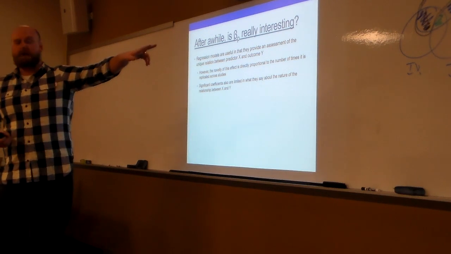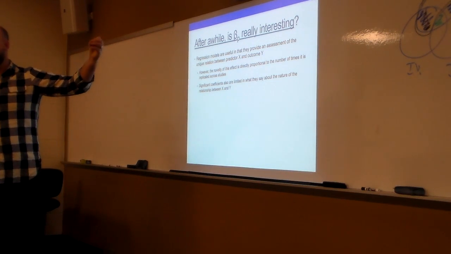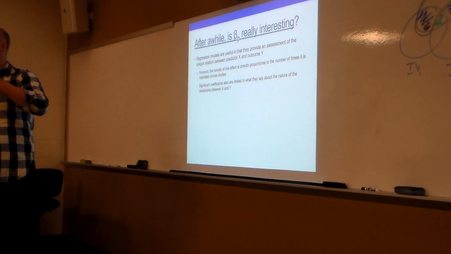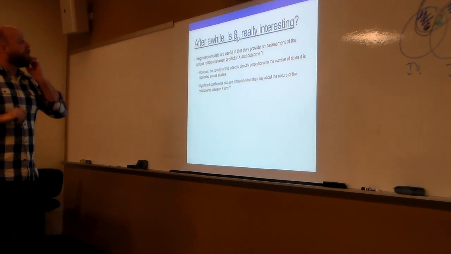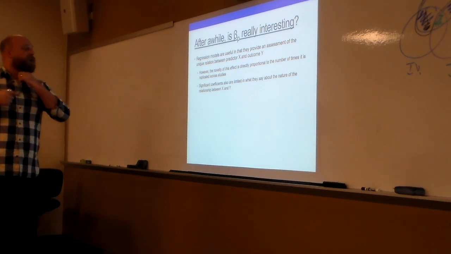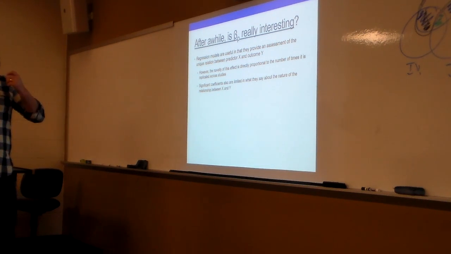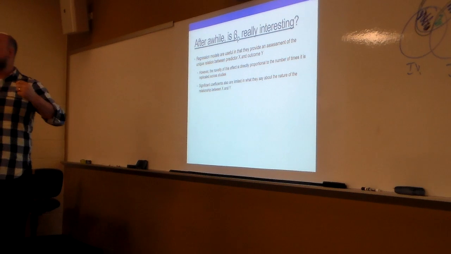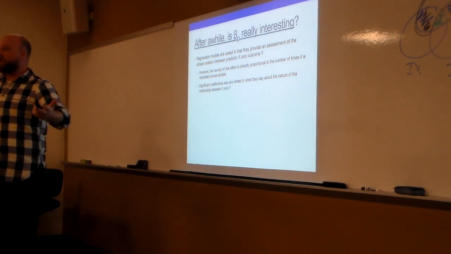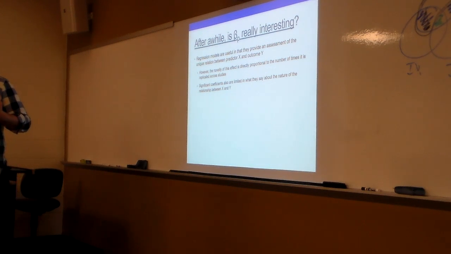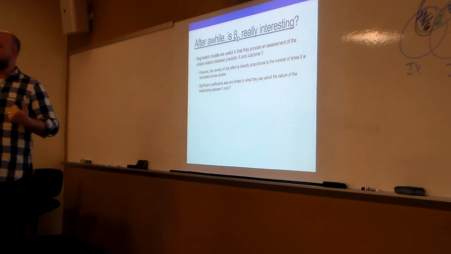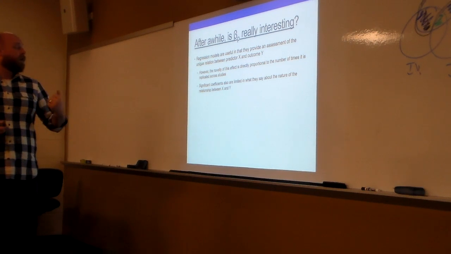Does this share unique variance after we partial other things out? This takes us beyond just bivariate correlations, where we say X is related to Y. We can ask whether X is still related to Y once we partial out common variability associated with these other things.